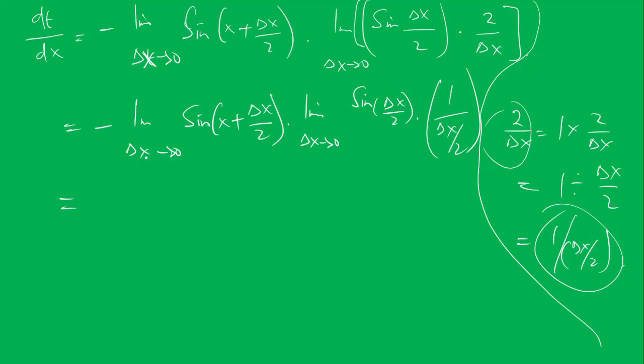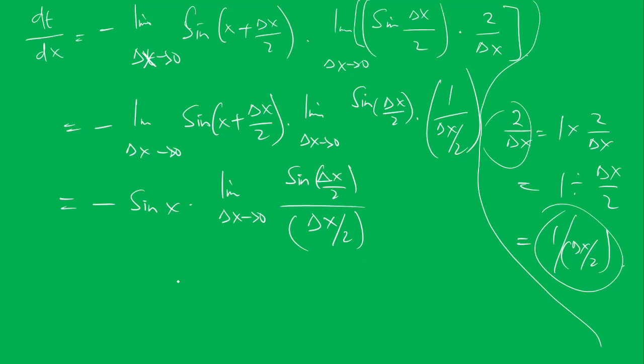Since delta x tends to 0, if you put 0 here, this one will now be minus sine x. Now this is still times the limit of delta x tending to 0 of sine delta x all over 2 all divided by delta x all over 2. Now this expression here is equal to 1.